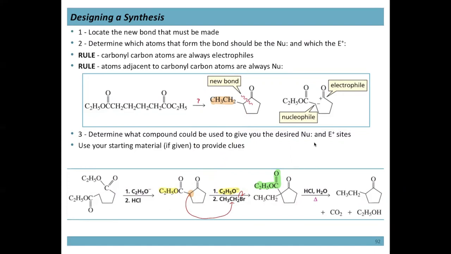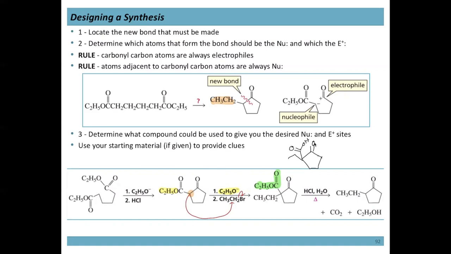Now that green group is an ester, but if I add a little bit of acid in there, I can actually hydrolyze that ester. And that may give you a hint of what we're doing here. So if I hydrolyze that ester, I get this carboxylic acid there.